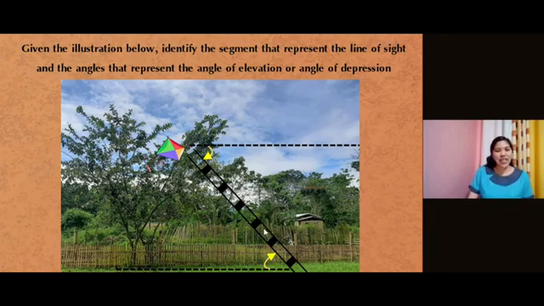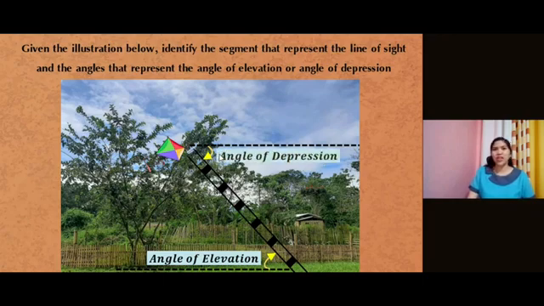As you can see here, we have a ladder and then there is a guava tree there. Now, how do you call this angle? This is your angle of elevation. Very good. How about this angle? Here, this is your angle of depression.